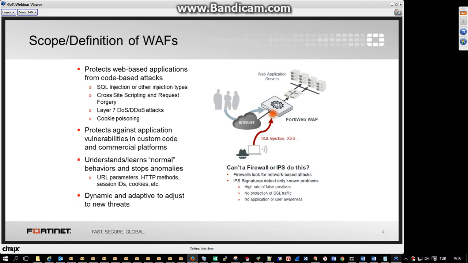They just have signatures. They really have no awareness of the application or the user, and that triggers many, many false positives and creates an issue with real protection. So if you want to protect against these high-profile attacks, then you really need a web application firewall.